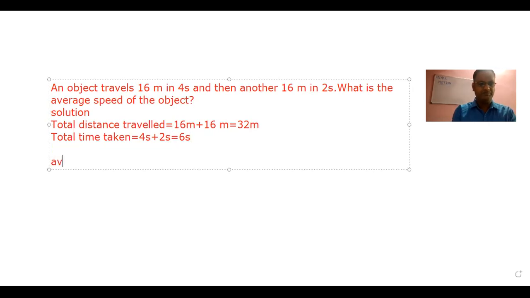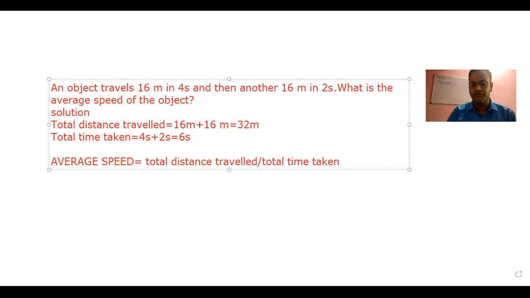And now we know the formula for the average speed. Average speed is equal to total distance traveled by total time taken.